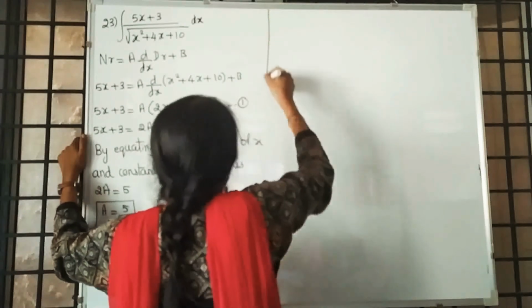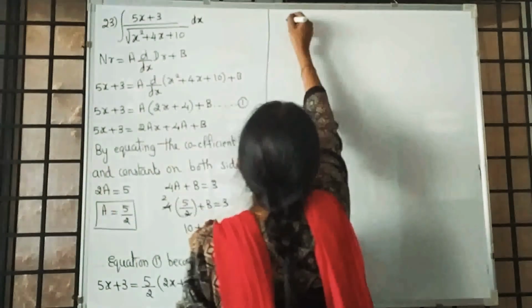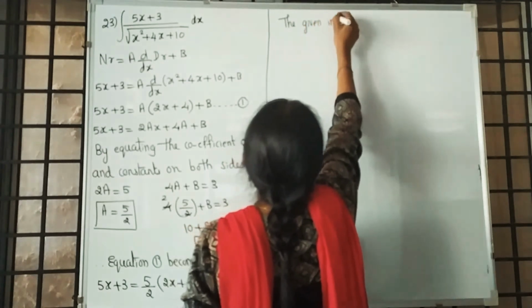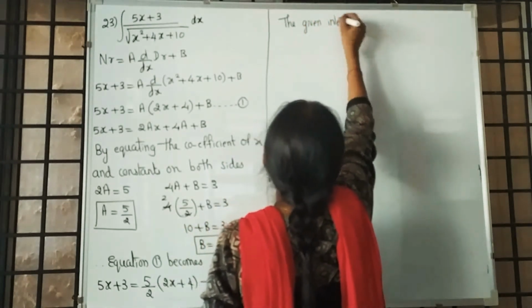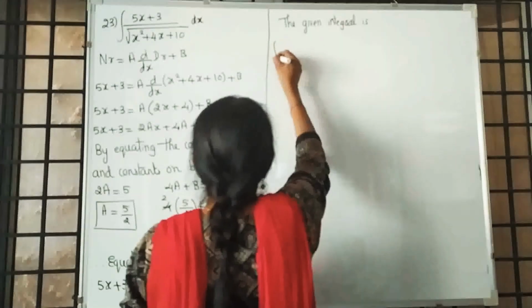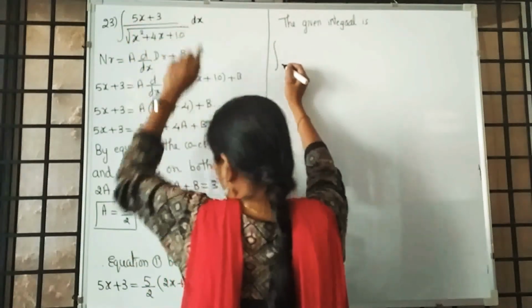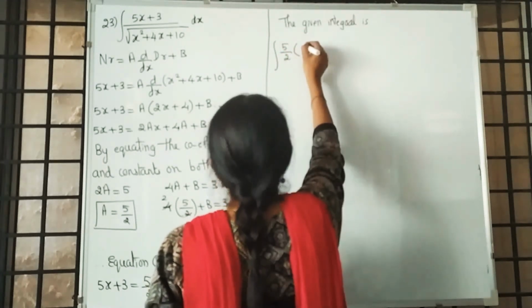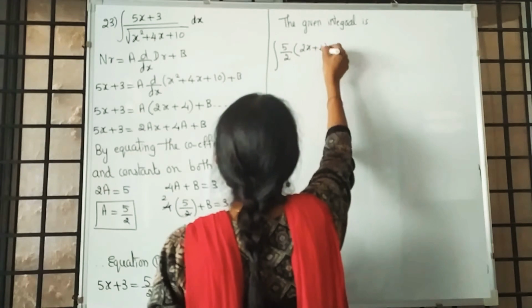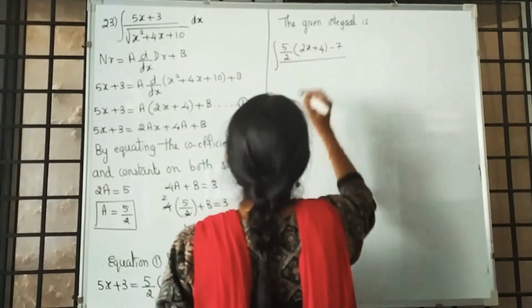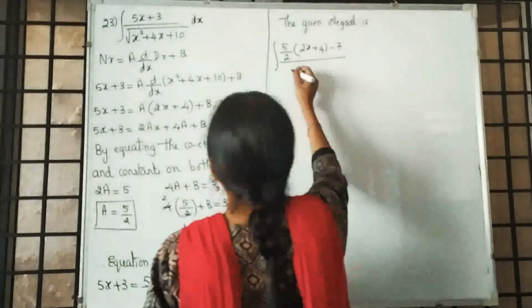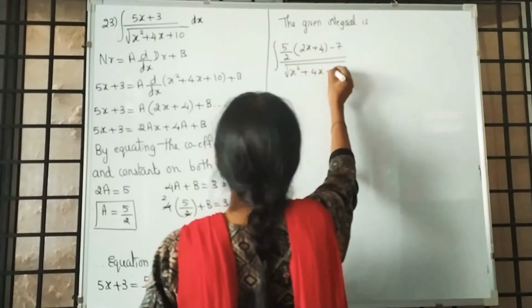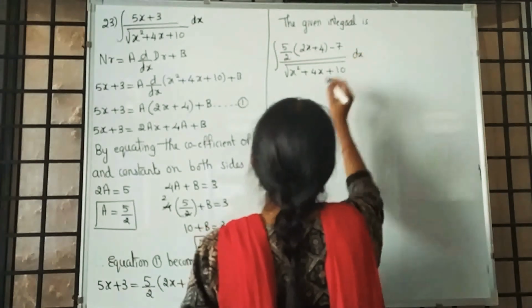Now the given integral is written as integration of, instead of 5x plus 3 we have to write 5 upon 2 (2x plus 4) minus 7, upon root of x square plus 4x plus 10 into dx.